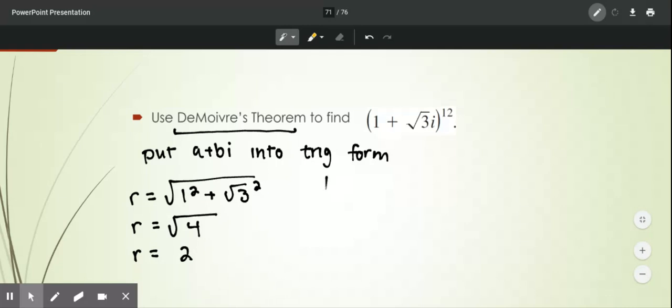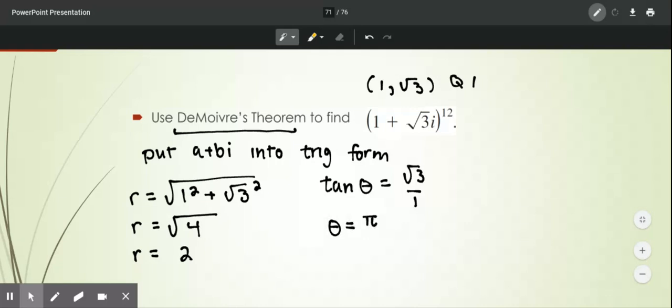And then to find theta, we'll say the tangent of theta equals b over a, so root 3 over 1. Our point is (1, root 3), which we know is in quadrant 1. So when does tangent equal the square root of 3 in quadrant 1? We would say when theta is pi over 3.